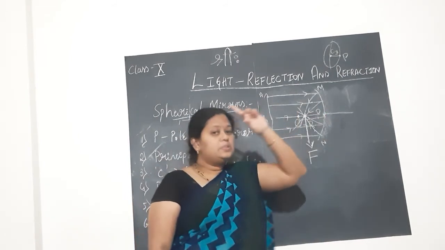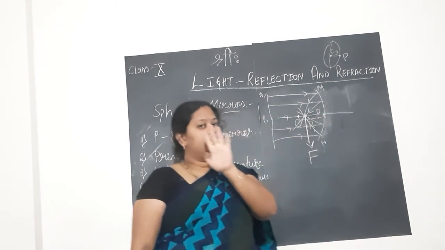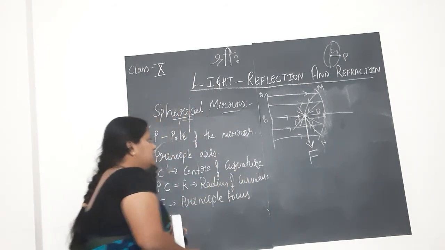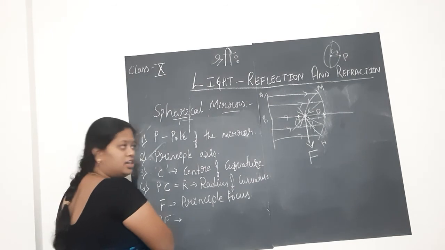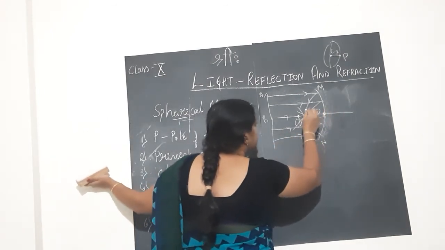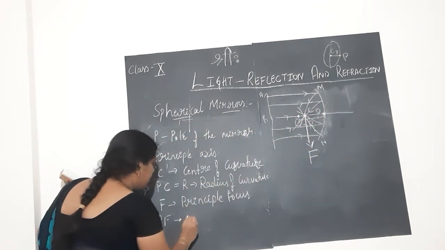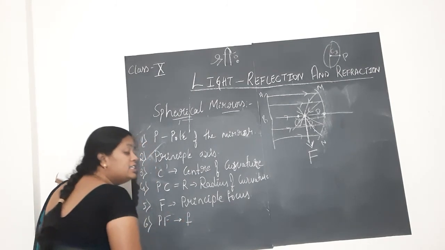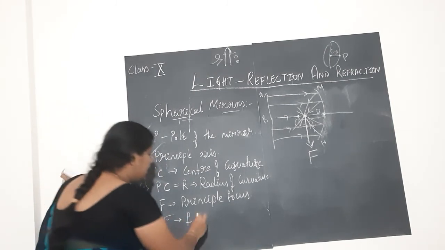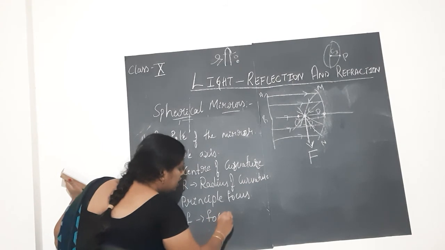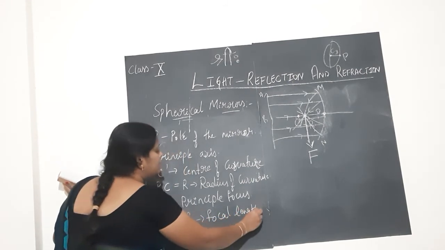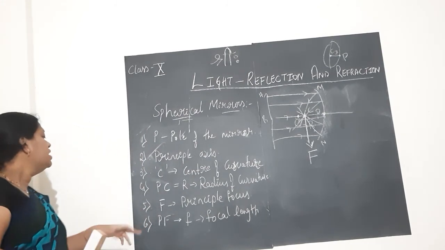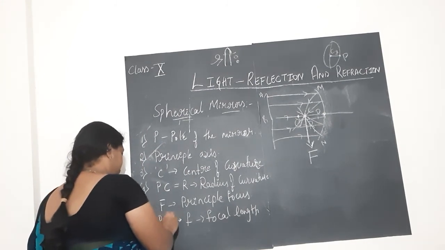But pole is part of the mirror, it is the center of the mirror. The distance from pole to the center of curvature is the radius of curvature R, whereas the distance from pole to the principal focus F is represented by small letter f, called the focal length.